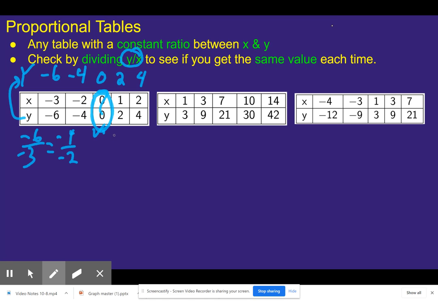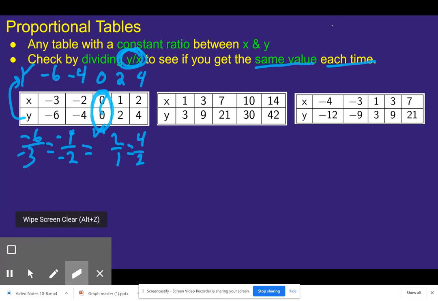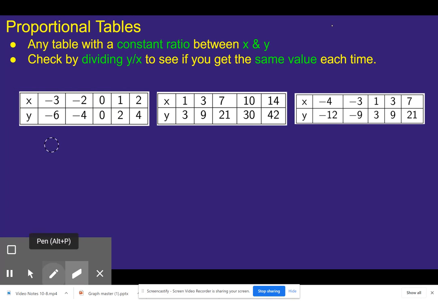Then we have 2 over 1, and then we have 4 over 2. All of those are equal to each other. So that's what I mean. You check by dividing the y and the x to see if you get the same value each time. And in this first one, we do get the same value each time. So this is definitely a proportional relationship.